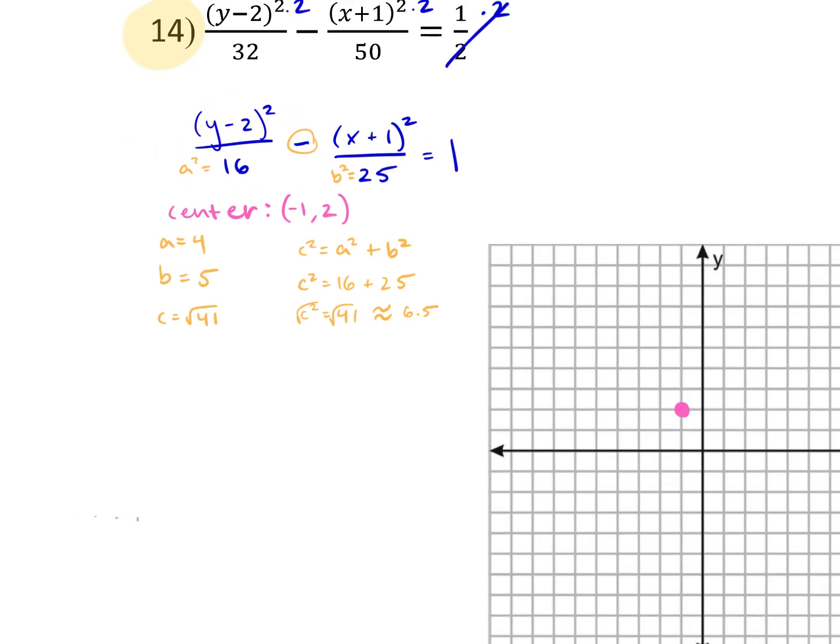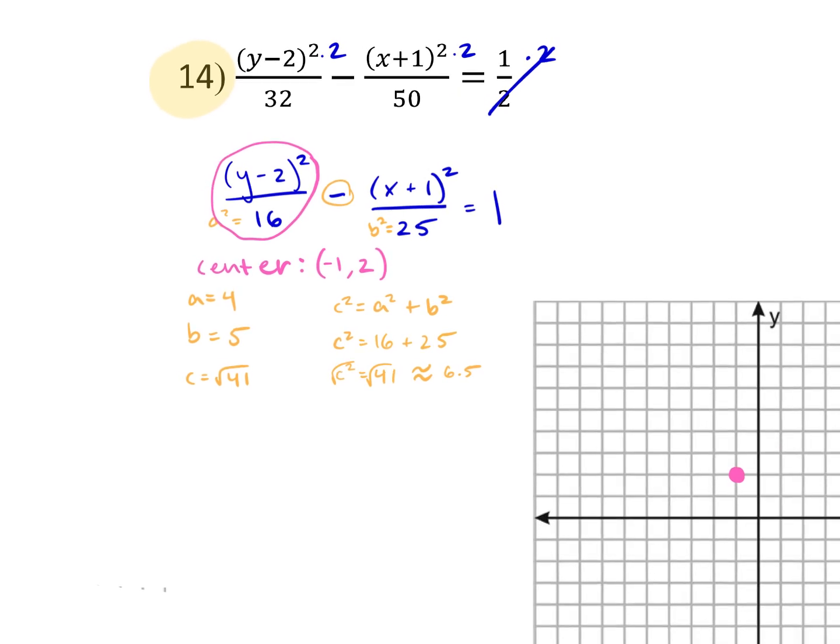Is this going to be horizontal hyperbola or vertical hyperbola? Vertical. So since our y comes first, and since the a is under the y, remember a always comes first, but since the y comes first, it's going to be a vertical. So our transverse axis is going to be vertical, and our hyperbolas are going to be vertical.